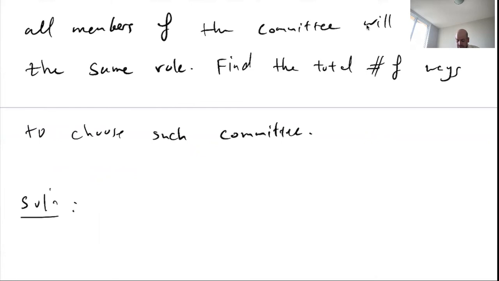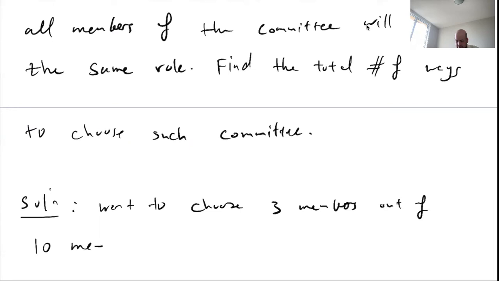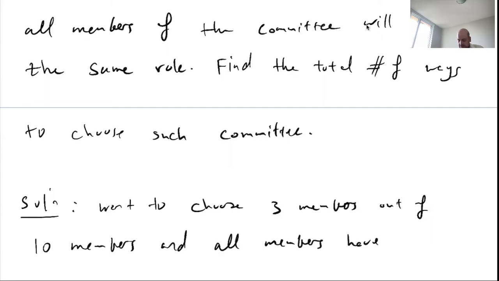So solution, again, we want to choose 3 members out of 10 members, and all members have the same role.